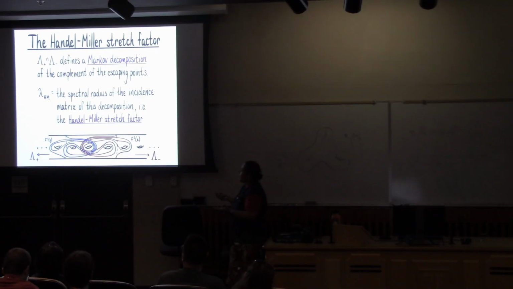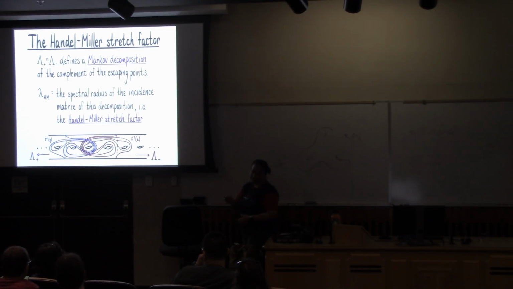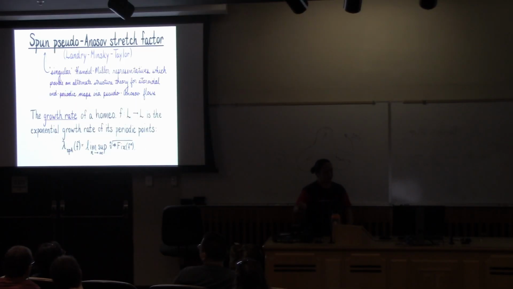The way that you can think of it is, again, when you have something that's irreducible, then you're going to get some subsurface where these laminations are actually filling. And so you're going to get some collections of arcs which fill this subsurface. And you can think of, what does an intersection of a collection of simple arcs look like? It looks like a bunch of rectangles, right? This is describing for you how you get this Markov decomposition.